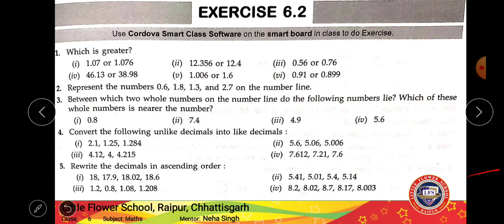So in decimals we will see that all are like decimals, right? Like decimals and unlike decimals definition and explanation I had done while starting the video. So the first step to find which is greater, we will convert all of them into like decimals, and then we can conclude which is greater amongst the two numbers.